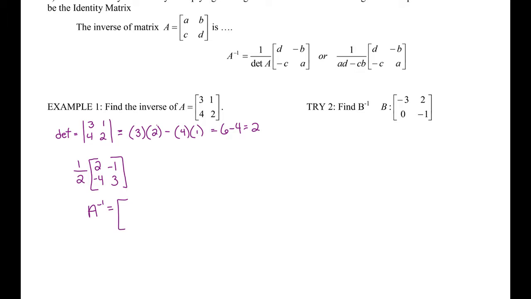So 1/2 times 2 is 1. 1/2 times -1 is -1/2. 1/2 times 4 is 2. And 1/2 times 3 is 3 over 2. This is our inverse matrix. Please try and find the inverse of matrix B.